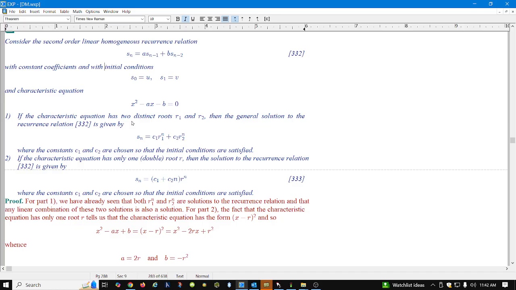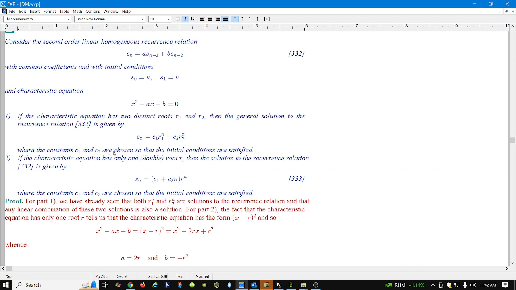If the characteristic equation has two distinct roots, r1 and r2, then the general solution to the recurrence relation is given by Sn equals C1 r1 to the n plus C2 r2 to the n.